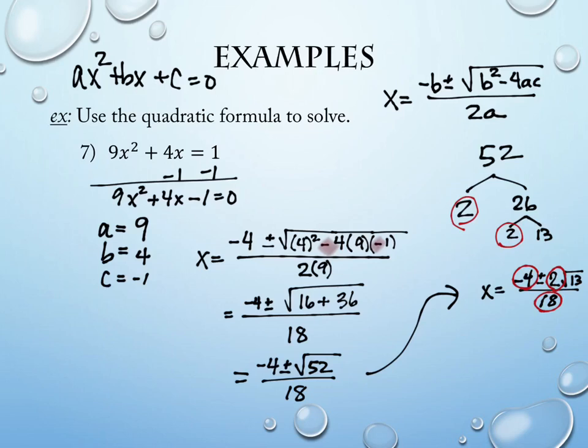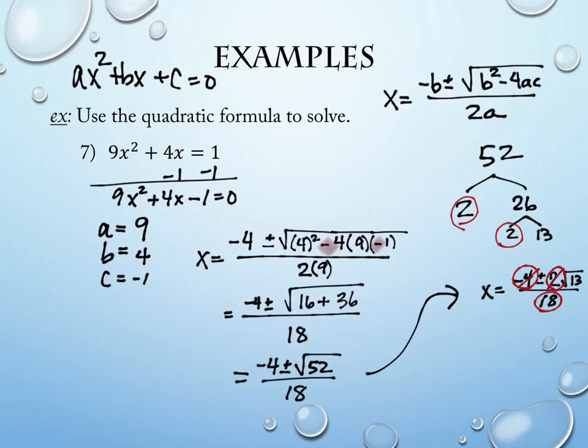The reason I can do it here is not because I'm ignoring the square root 13, but because the square root 13 is actually being multiplied by the 2. So I can reduce the 2 with the 18 and preserve the square root 13 without any problem. It's not a big deal because it's all multiplication and division. So I have the ability to do that.